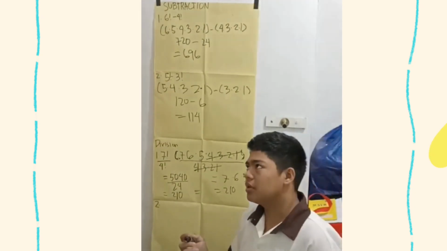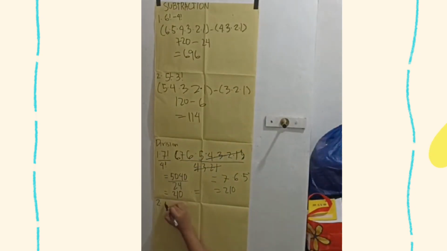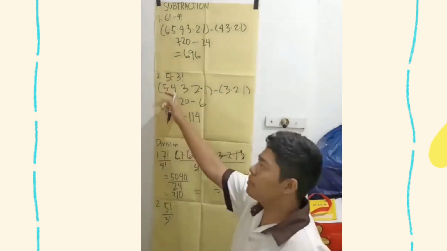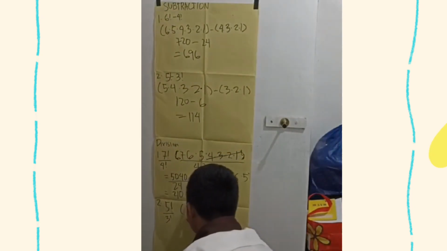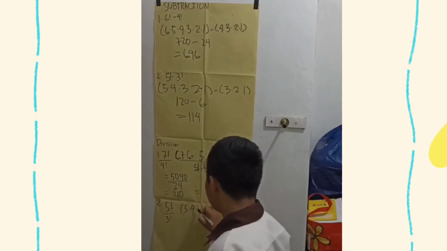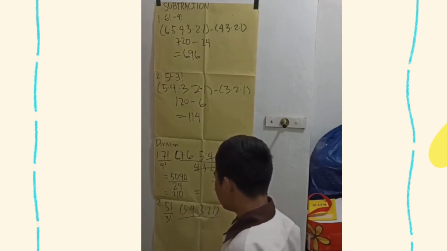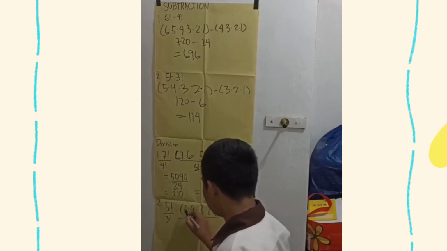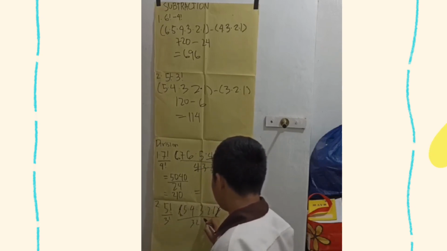Next, number 2. Given 5 factorial divided by 3 factorial. Parang sa number 2, pero minus. Pero dito, division. So, expand natin yung 5 factorial: 5 times 4 times 3 times 2 times 1, divided by 3 factorial, 3 times 2 times 1.